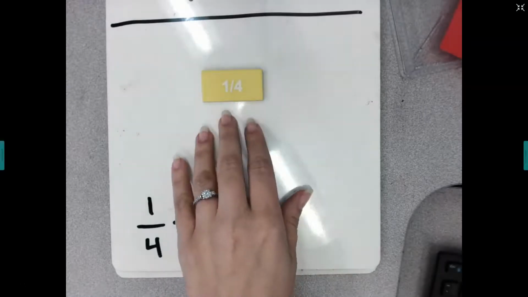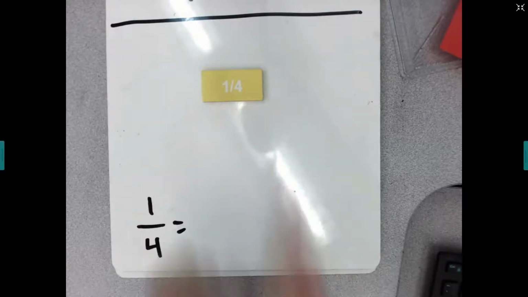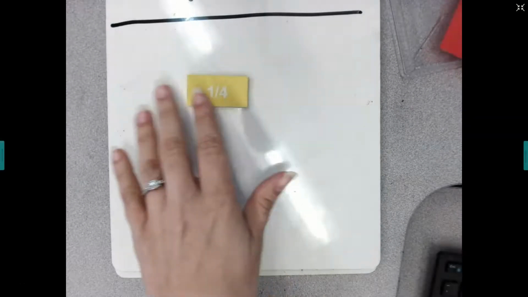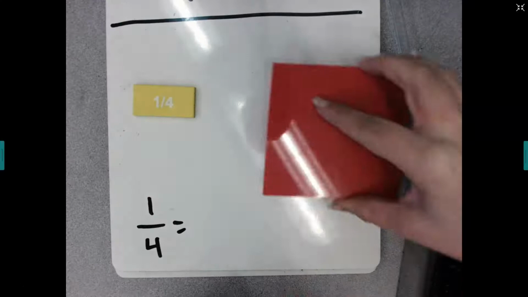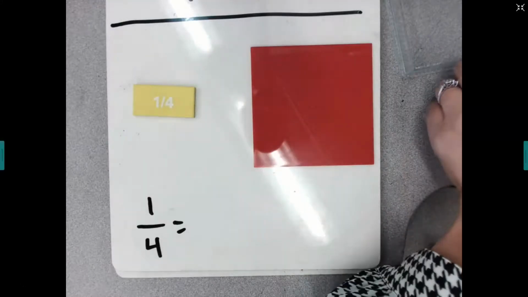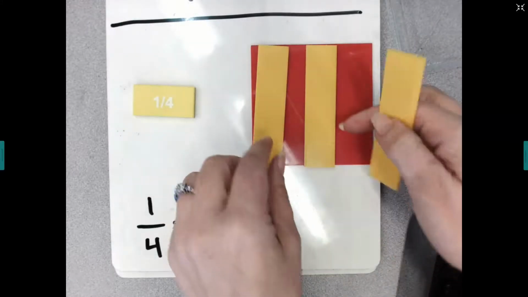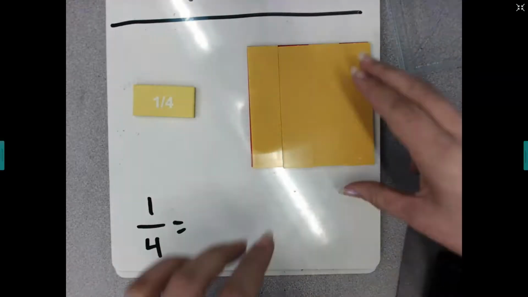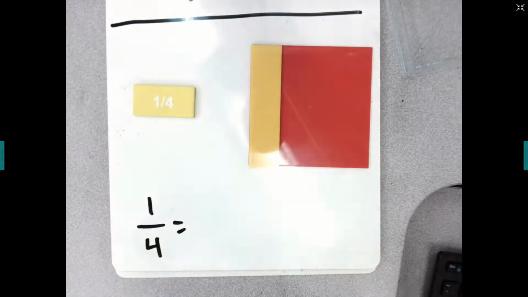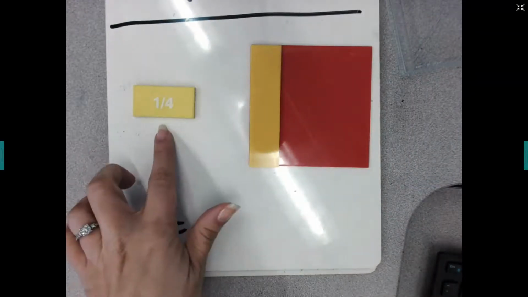Okay, so I have a new fraction here. I have 1/4. So this means that I'm talking about a whole that is split into 4 parts. So if I'm using these numberless fraction tiles here, you see these 4 yellow pieces, and I'm just talking about 1/4 right now.